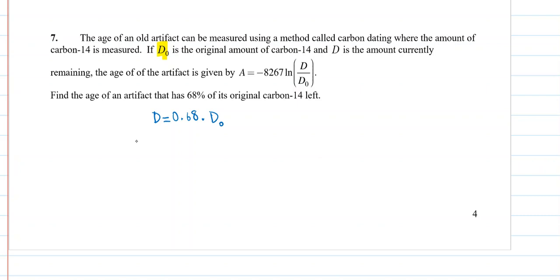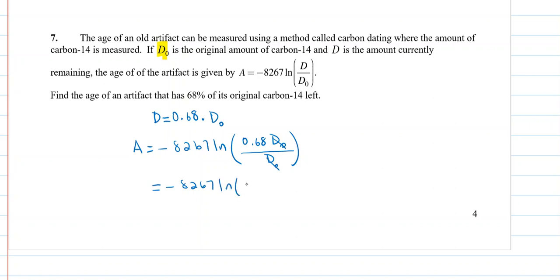So I can go to that formula that they gave us, and I can plug in 0.68 D sub 0 for D, and then copy everything else. So I copied everything in the formula. I just replaced D with what it's equal to. Well, these are going to cancel, so now this is just a calculator problem.